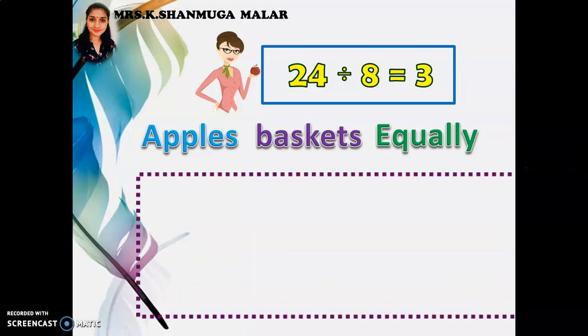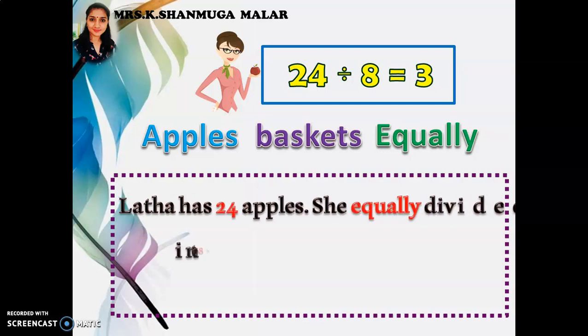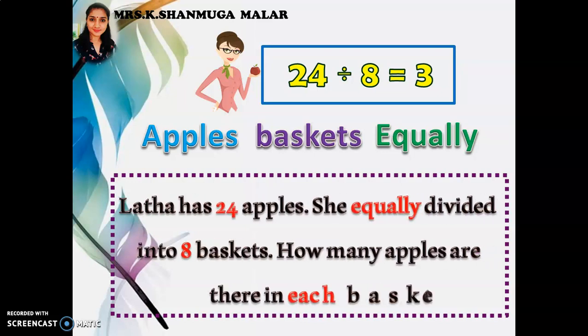Now, let us see the story for this number sentence. Lada has 24 apples. She equally divided into 8 baskets. How many apples are there in each basket? The total number of apples for this question is 24.